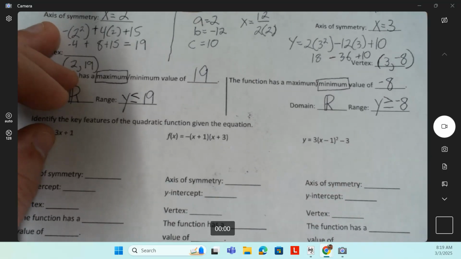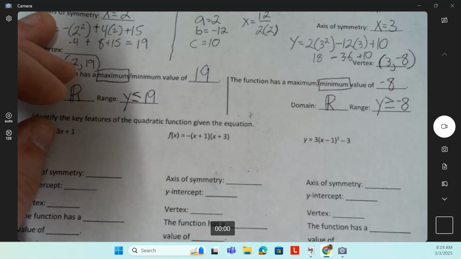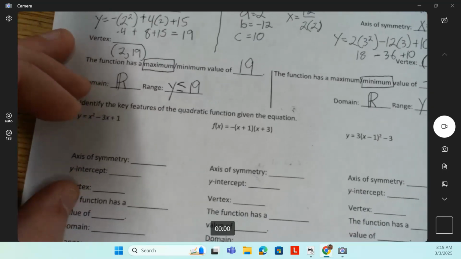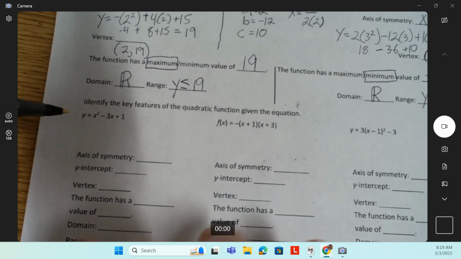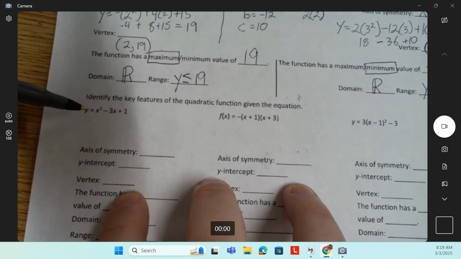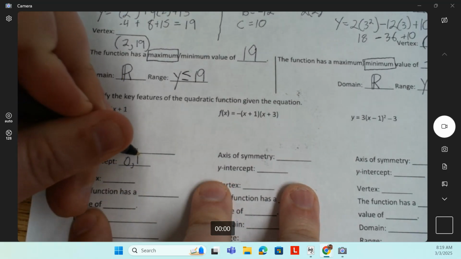But for us, we're going to continue working them out into that regular formula. So let's just do the one here that we have. So if I put in a 0 for x, my y-intercept would be 0, 1.